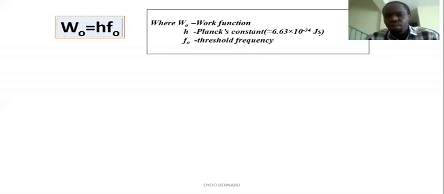Now, the unit of energy is the joule, and the symbol is uppercase J. When you're writing it, strictly write it this way. But when you're writing that unit in full, strictly begin with lowercase j, because that is a unit.